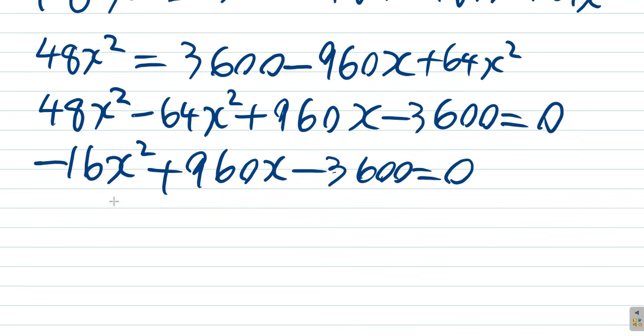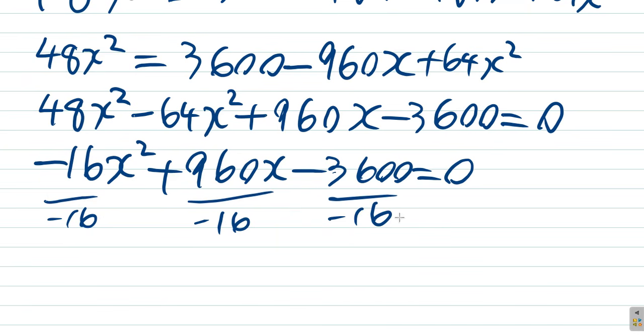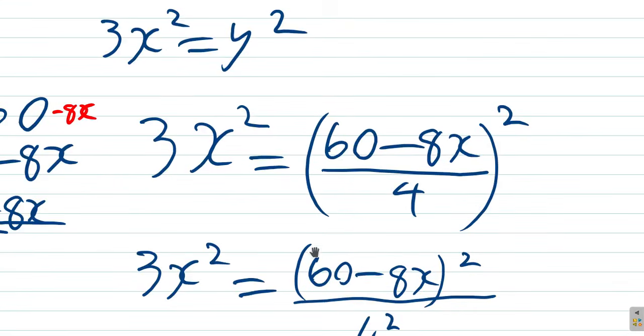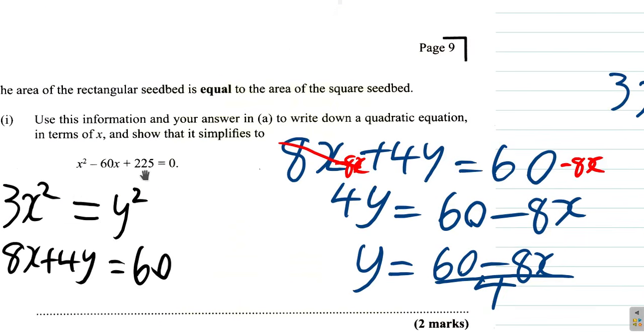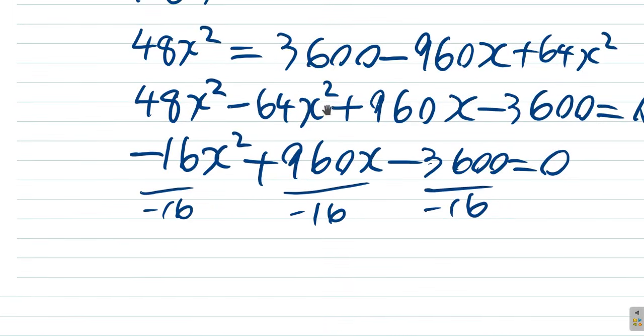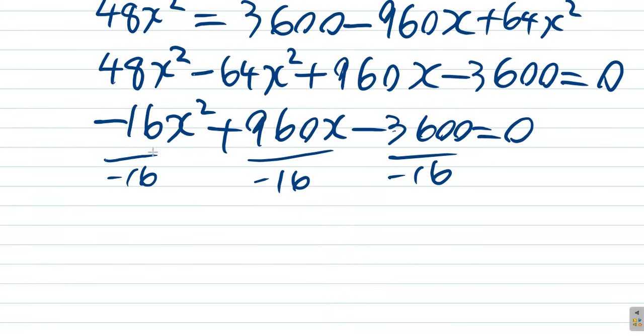After that, you divide by negative 16. You're going to have this over negative 16, this over negative 16, this over negative 16. So that you have x squared, because they say you should simplify it so you have x squared. It will start with positive x squared. So what's going to happen here now? You divide this and you get x squared, then 960 over negative 16 will give you what?